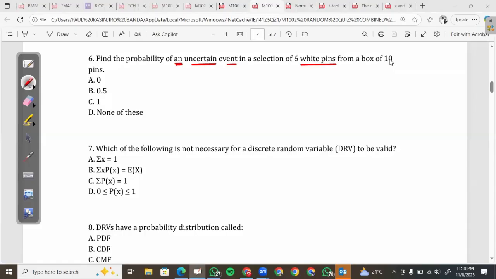Here I made a mistake when typing. This has to be a box of 1 pin, not 10 pins. So what is the probability of an uncertain event? If an event is uncertain, what is its probability? Anyone who can try?